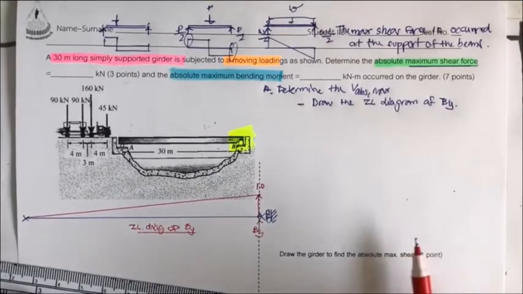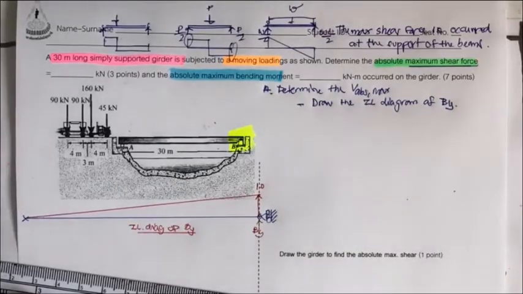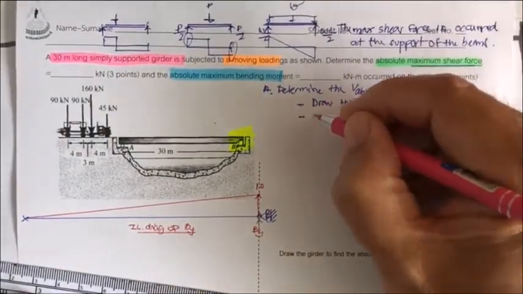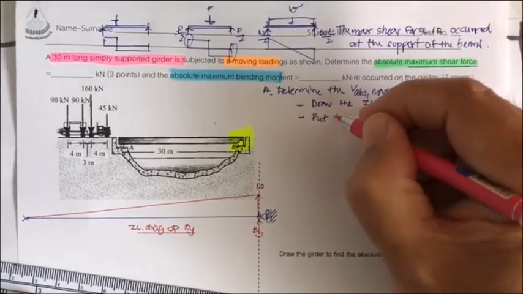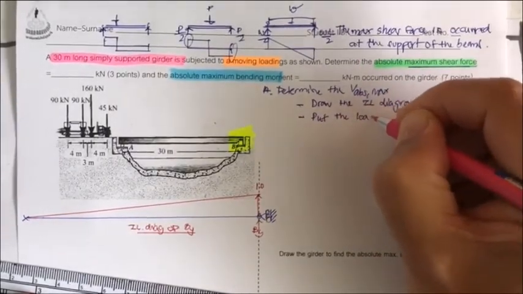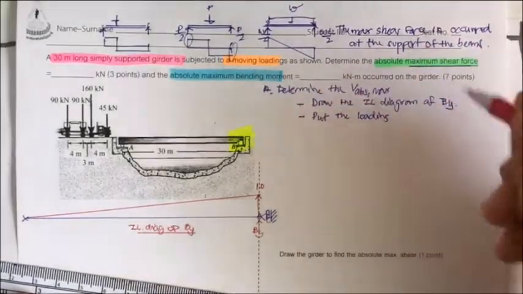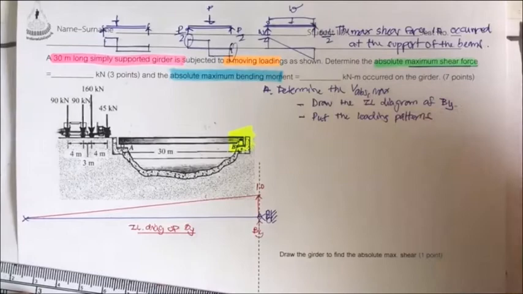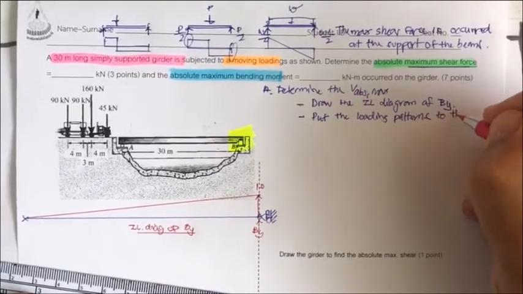So the next step, we will put the moving load, the loading pattern, onto the girder.